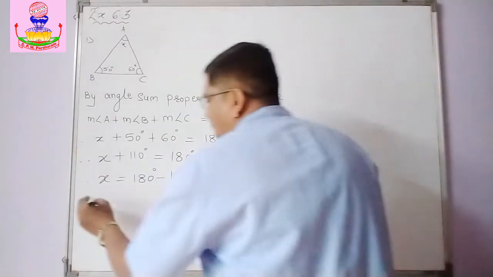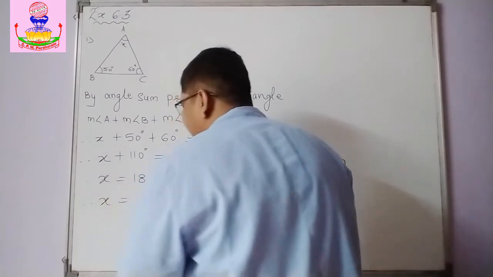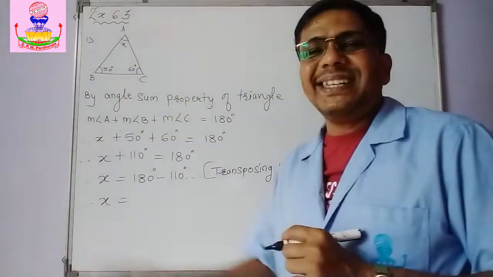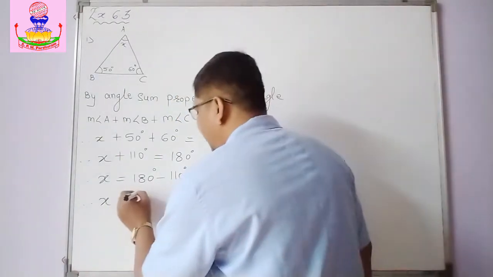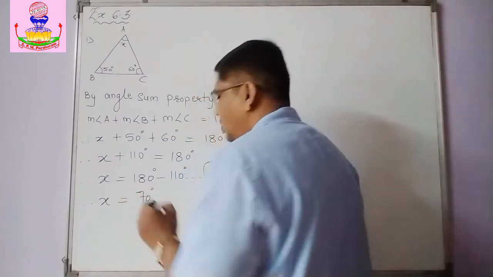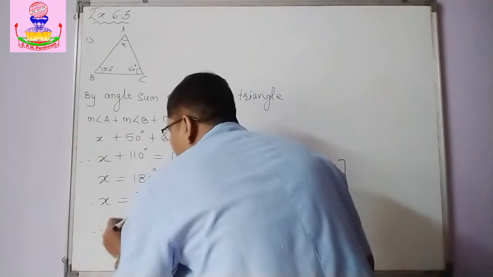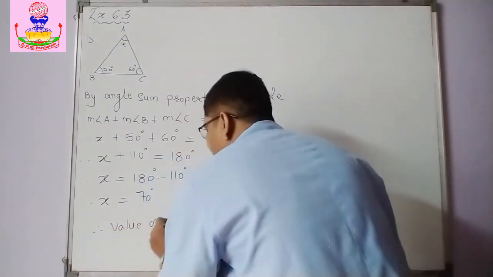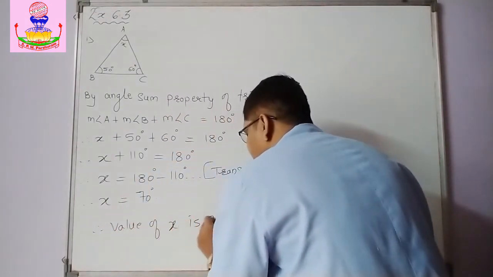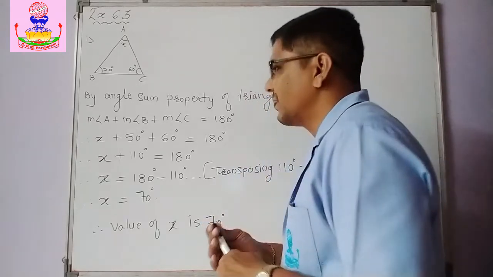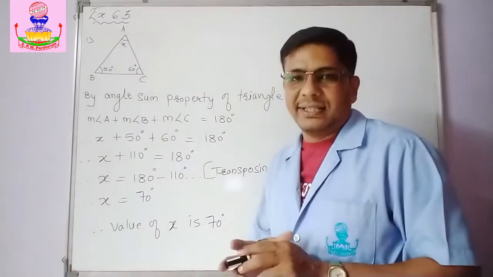Now 180 minus 110, how much? Exactly 70 degrees. Then your final answer: therefore, the value of x is 70 degrees. Okay, so that's what the answer is.